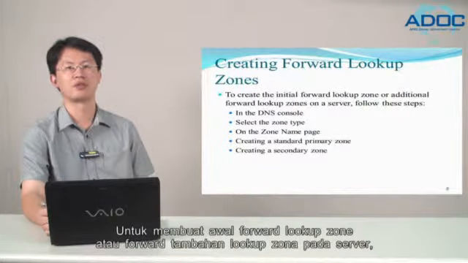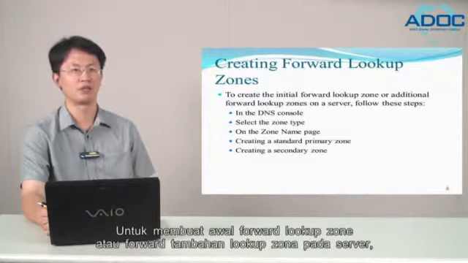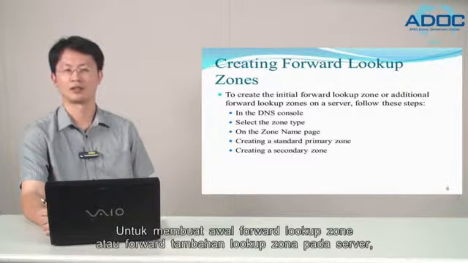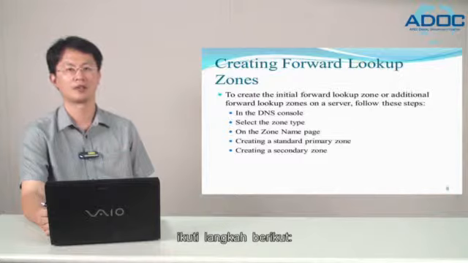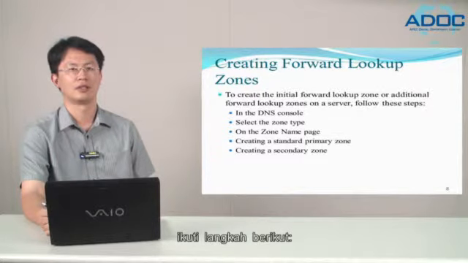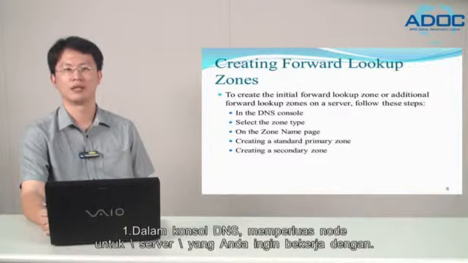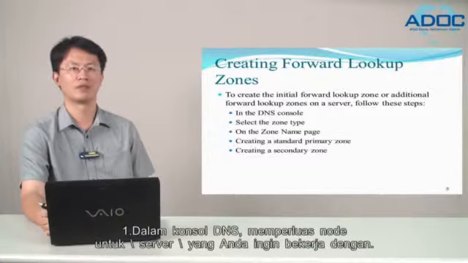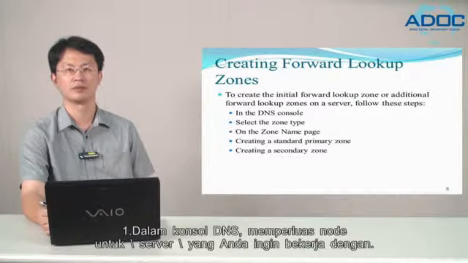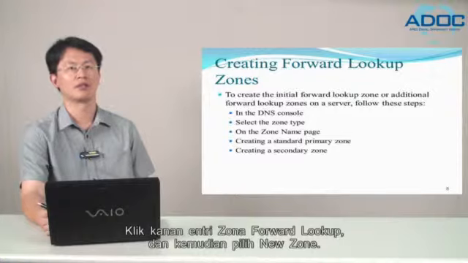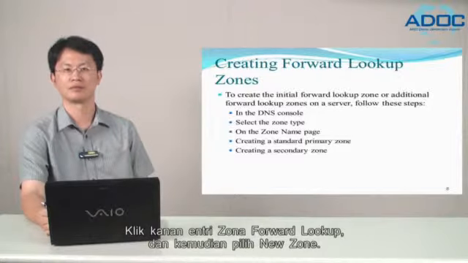To create the initial forward lookup zone or additional forward lookup zones on the server, follow these steps. First, in the DNS console, expand the node of the server you want to work with. Right-click the Forward Lookup Zones entry, and then choose New Zone.